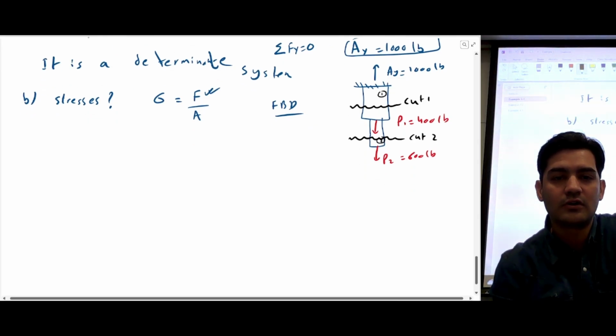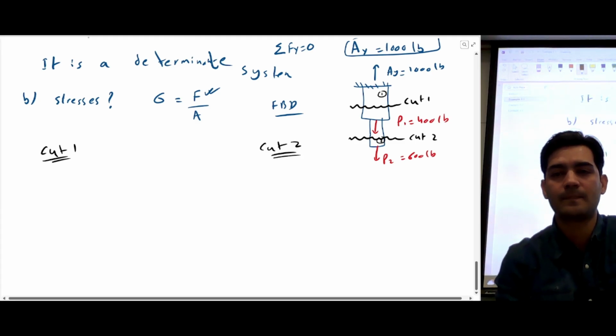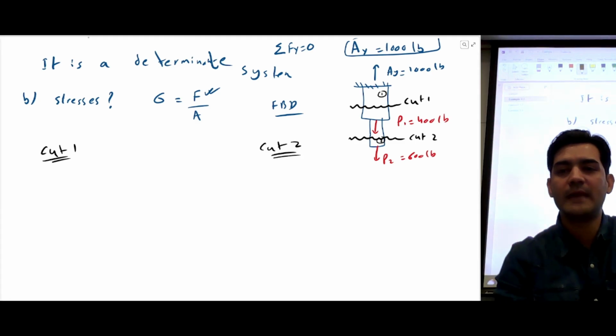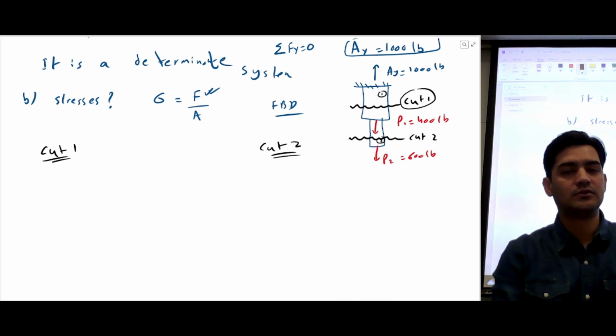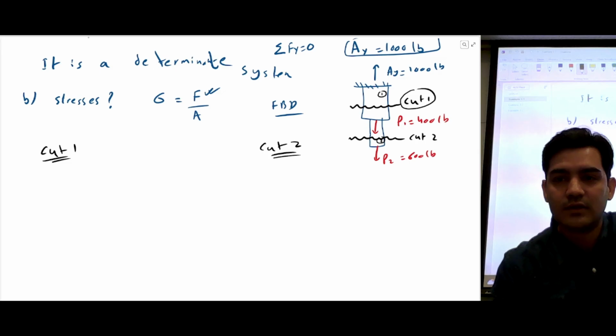Let's draw cut 1 here and cut 2 here. Imagine we do an imaginary cut at 1, so we can expose the internal loads, and this is what we're going to do.